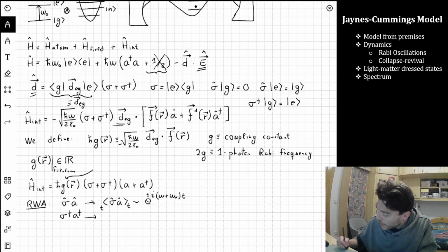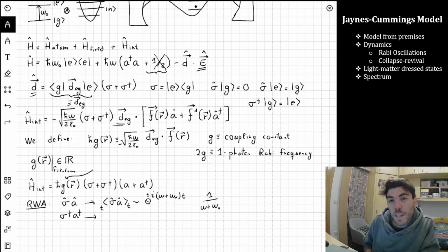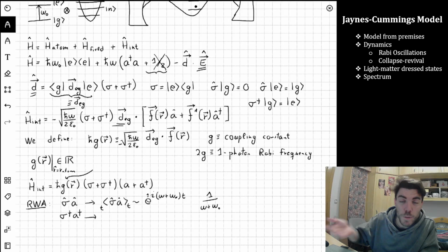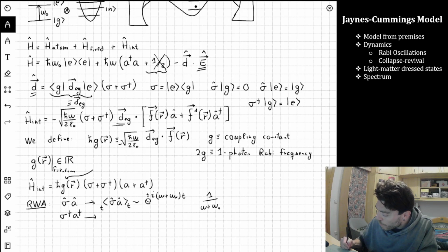This means that the dynamics of these terms is important only at time scales of 1 divided by ω+ω0, which is typically a very small time scale, and the average value over longer times reduces to 0. So the rotating wave approximation consists in replacing these operators by their mean values over that time.